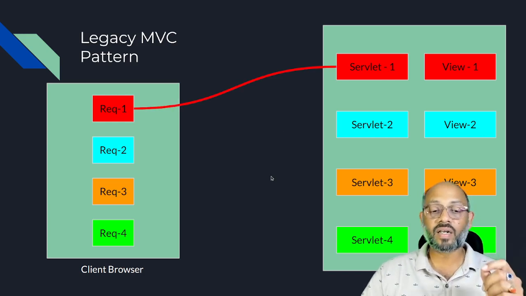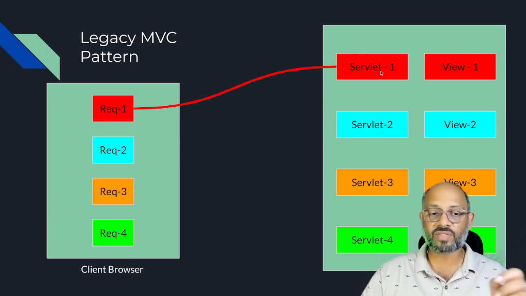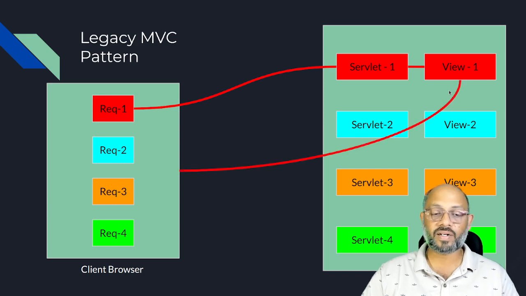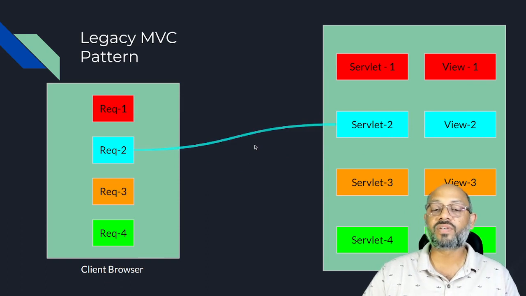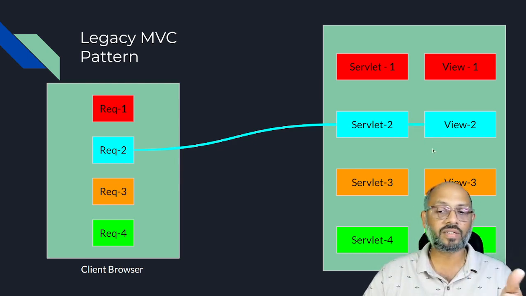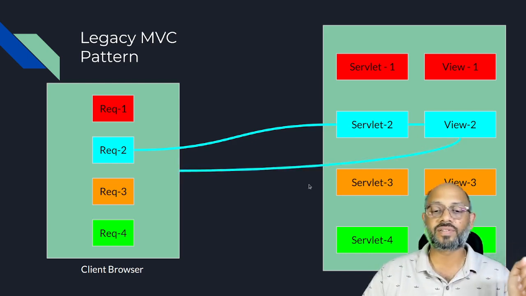Suppose there is a specific request from the client. Then a specific servlet associated with that particular request will receive it, generate its corresponding view, and send that view back to the client as a response. If a different request is received by the server from the client, a different servlet will execute and invoke another view, similar to a JSP, and that JSP will be sent back to the client as a response.